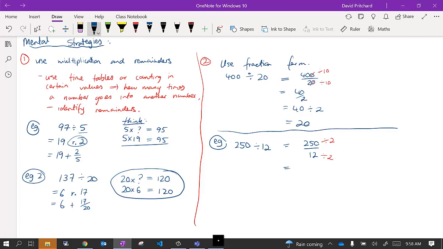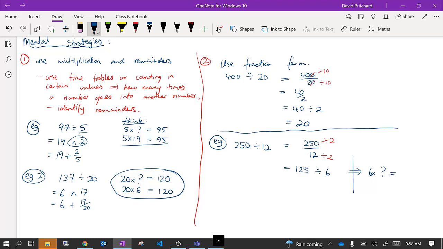So that becomes 125 divided by 6. So now instead of having to divide by 12, we can divide by 6, and that might be a darn sight easier.